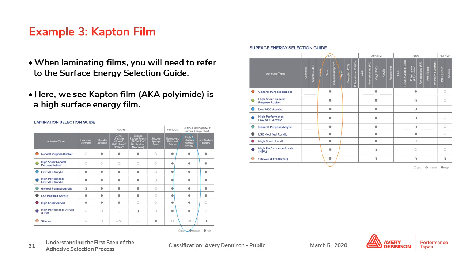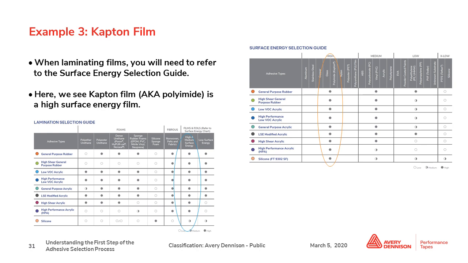So we would move on to the next step, which we're presenting on in the next webinar, and you look through the different types of materials that would be listed there, and you see that there's a polyimide with Kapton in parentheses. And many of you might know this already, but Kapton is DuPont's brand name for polyimide films. And in the surface energy selection chart, you determine that it is a high surface energy material.